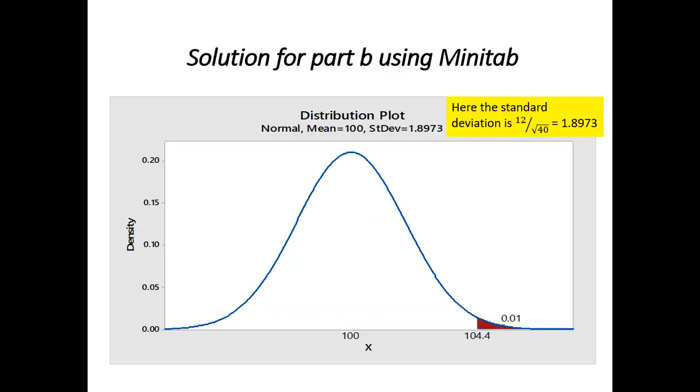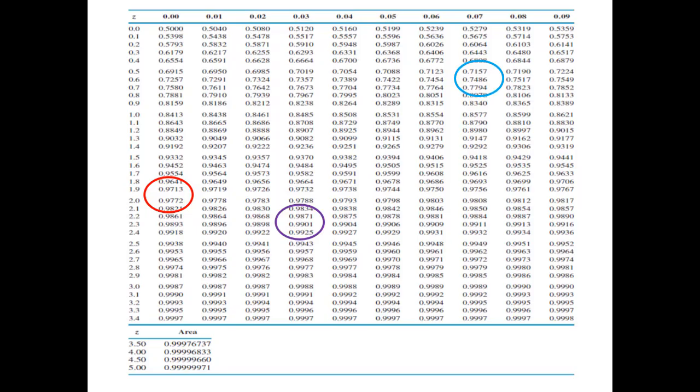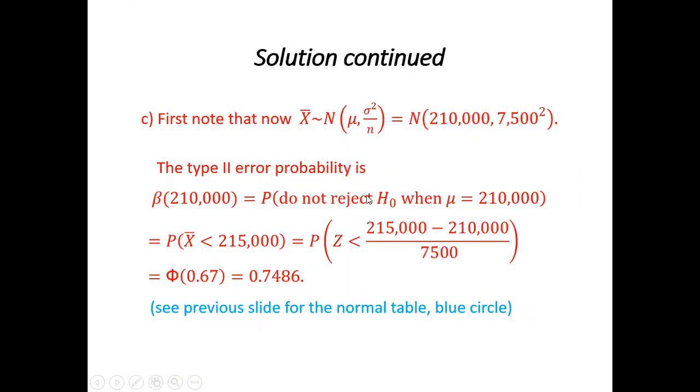Let's see, I believe I have this here in my table. If not, we'll look right over here. We want 0.95. So 0.95 would be right between these two. So you'll see 1.645 is the appropriate z value.